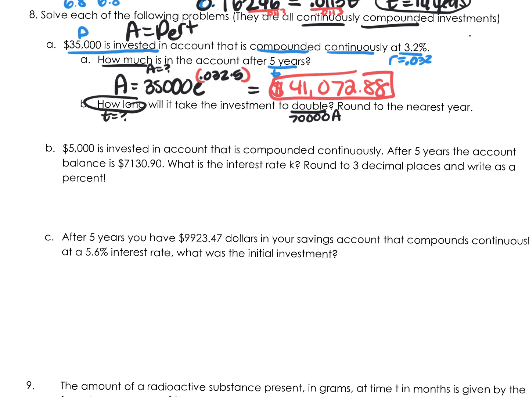So we'll start with our ending amount, A, being 70,000. Starting amount always is 35,000. Rate is the same interest rate for the whole account, and now we're solving for t. So we'll start by dividing by 35,000.